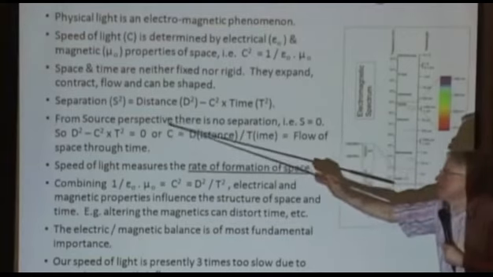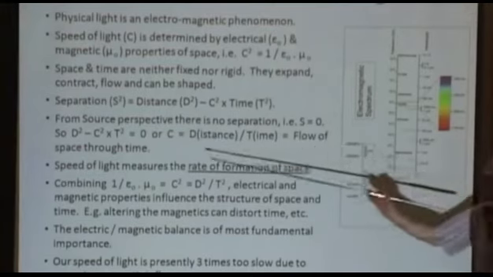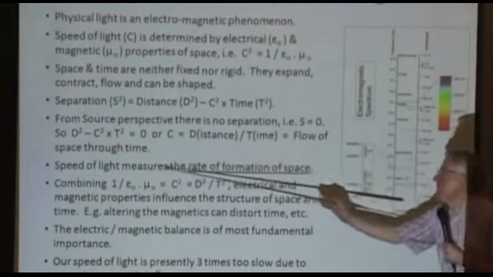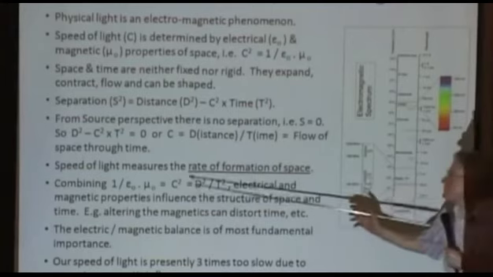The significance of the speed of light then is that it determines the flow of space through time. It effectively measures the rate of formation of space. The speed of light determines how space expands and also, on the other side, how it contracts. So that's the significance of it.